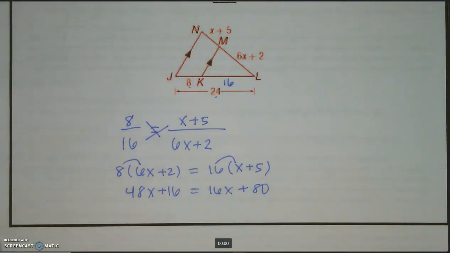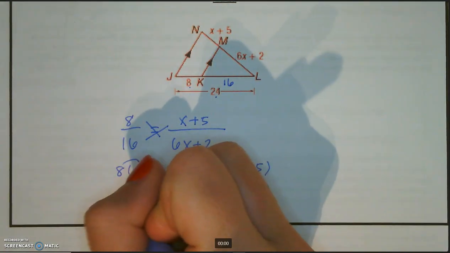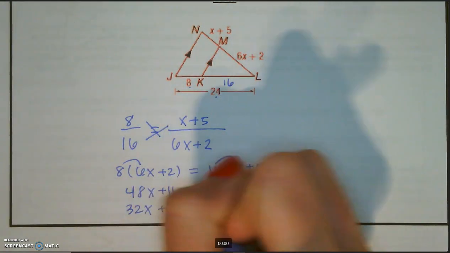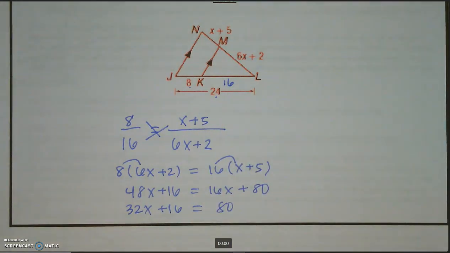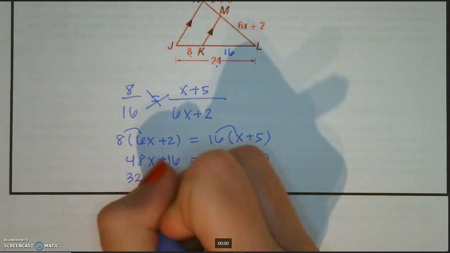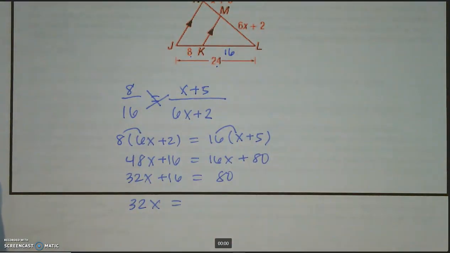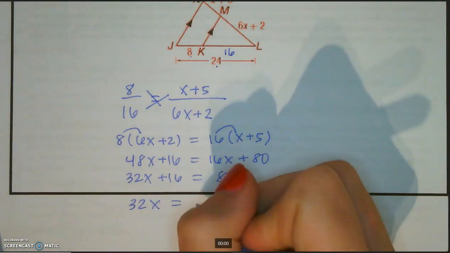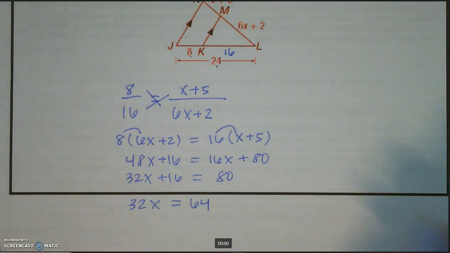All right, I can subtract the 16x over, so 48 minus 16 is going to leave us with 32x. I can subtract the 16 on both sides, and then I can divide by 32.